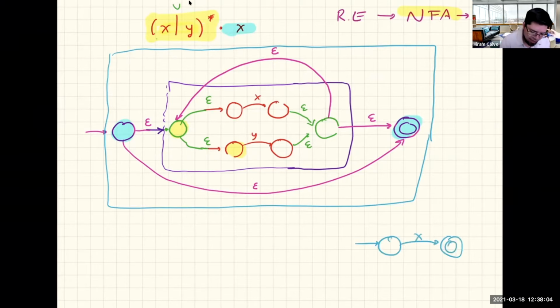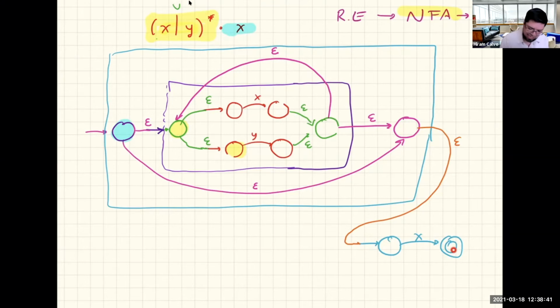So the algorithm says, in order to concatenate two different machines, what you have to do is add an arc between the accept state and the initial state of the second machine, and erase the previous accept state and replace it with the new accept state, this one.